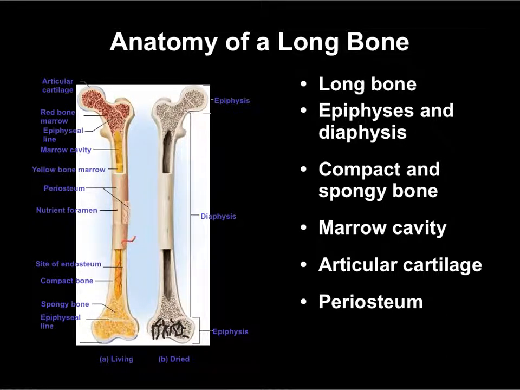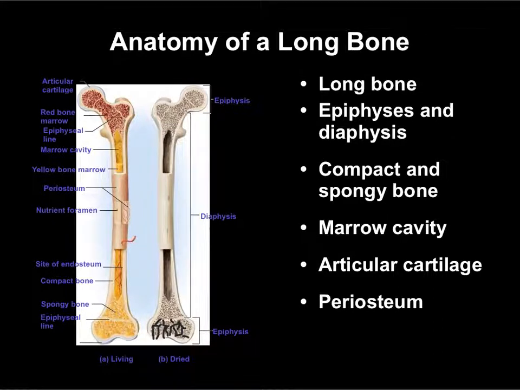There's the connective layer, which is dense, irregular connective tissue, primarily collagen fibers, and it's on the outside, on the superficial surface. And then there is what's called the osteogenic layer. This faces the bone itself, and the osteogenic layer is made of osteoblasts, which are cells that can make new bone tissue.